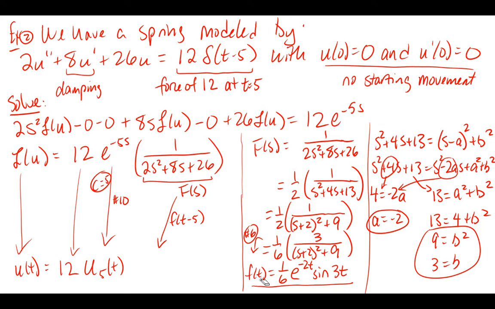The only difference between little f of t and little f of t minus 5 is that I'm just going to replace my t's with t minus 5s. Okay, so I'm going to write down my final answer here: 1/6 e to the negative 2 (t minus 5) sine of 3 (t minus 5).